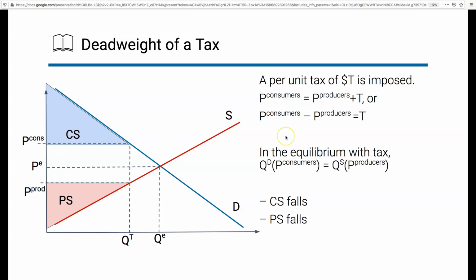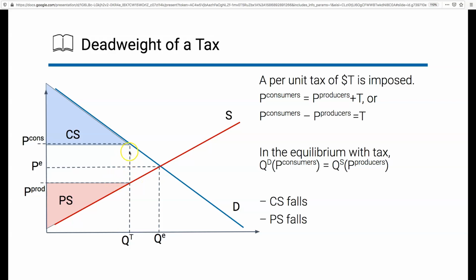And in this example, I deliberately don't mention who gets to pay the tax, because really for the welfare analysis, for the analysis of the inefficiency, it doesn't really matter if I'm taxing consumers or if I'm taxing producers. Ultimately, both the consumer and the producer surplus will be reduced no matter who's being taxed.